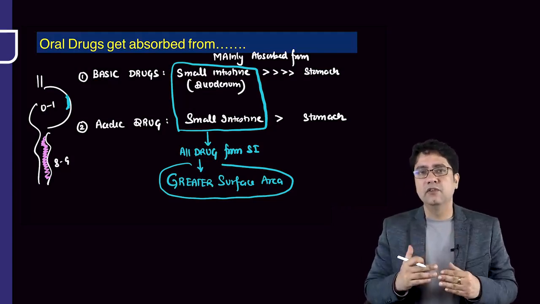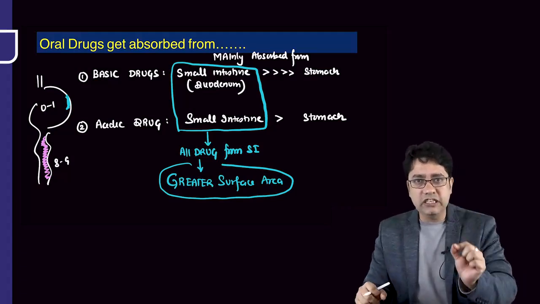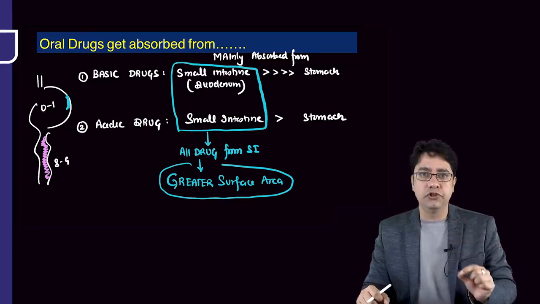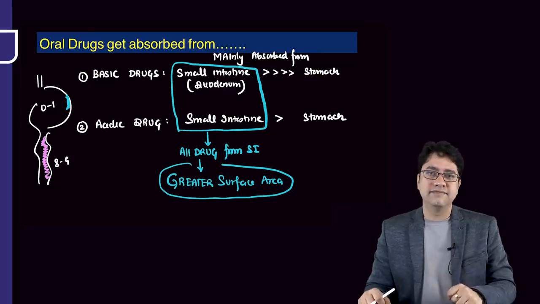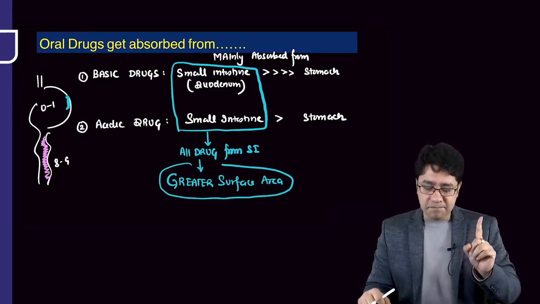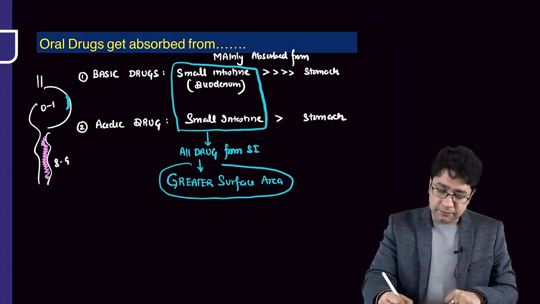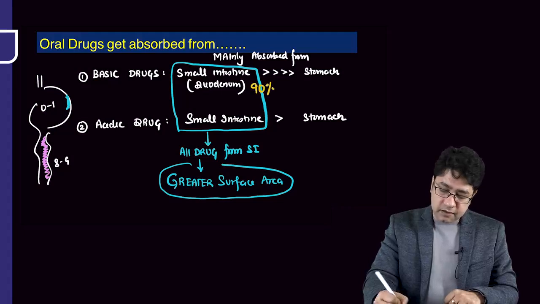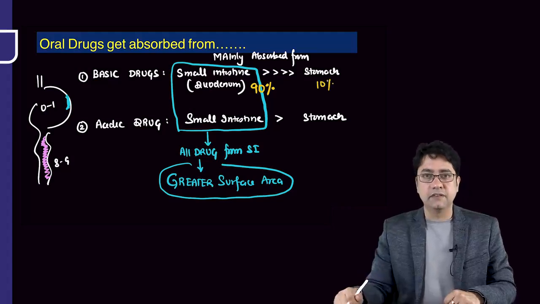But let me ask you this question in a twisted way. Which drugs in greater proportion get absorbed from the stomach? Remember, a basic drug, let's say morphine, gets absorbed 90% from intestine, 10% from stomach.